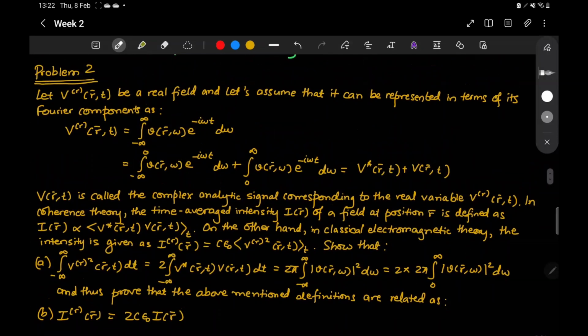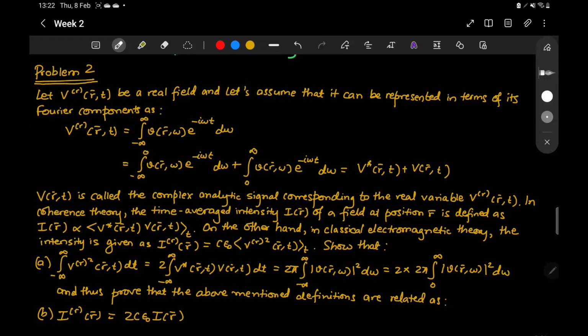So let me read the problem first for you. The problem says let V(R, T) be a real field, and let's assume that it can be represented in terms of its Fourier components as follows. So we write this capital V as integral of small v e to the power minus i omega t d omega.